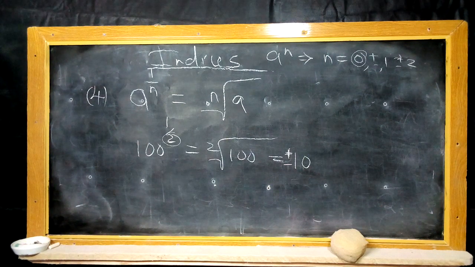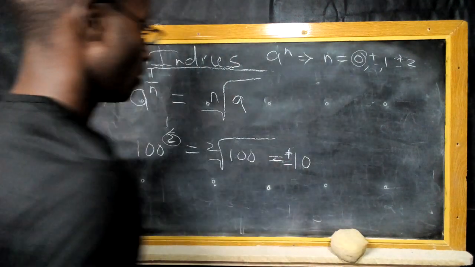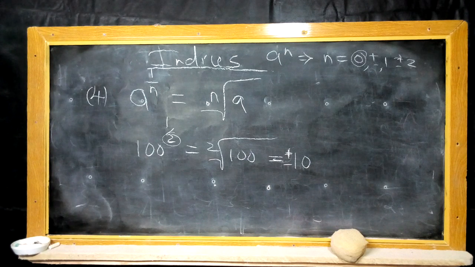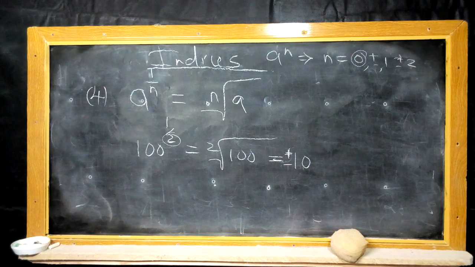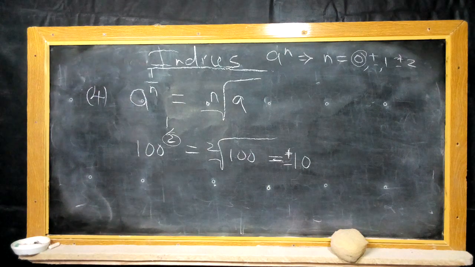If it's a whole number, maybe something like a population, then we'll have to have a positive value. So this is the rule that is going to apply for fractional powers: when you raise a number to a fraction, it is the root of that number.